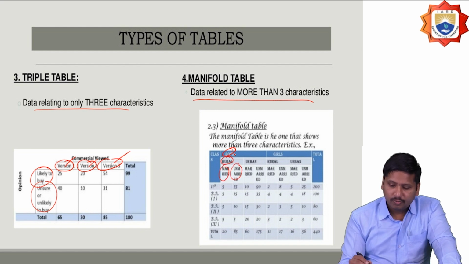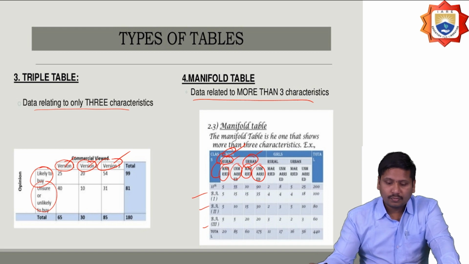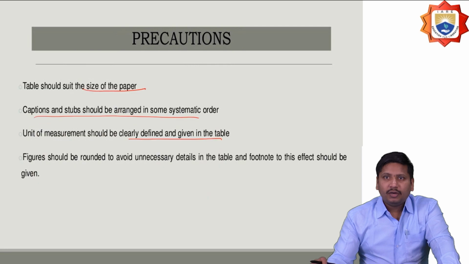So for the rural boys, and similarly for the other characteristic urban, how many are married and unmarried for the urban boys. And so this should be the first characteristic, and this characteristic is further divided into two more characteristics and like this. And again this one is going to further divide into different levels. So this should be a manifold table, right?